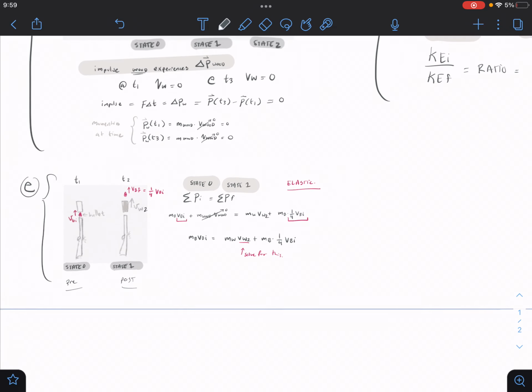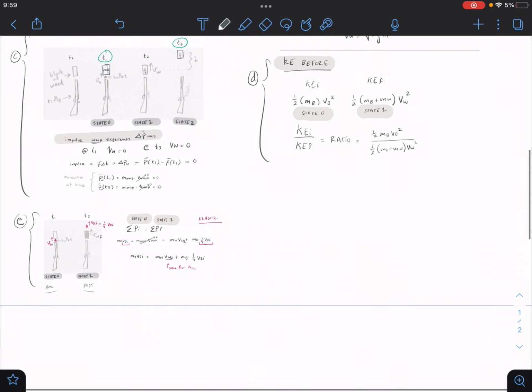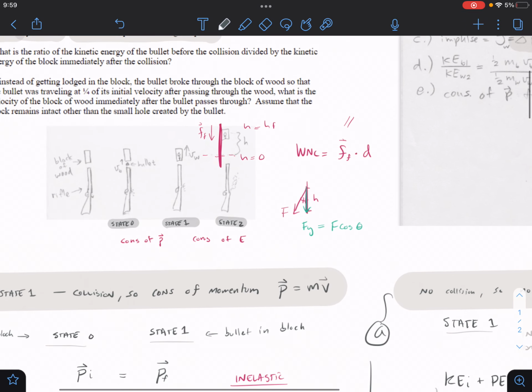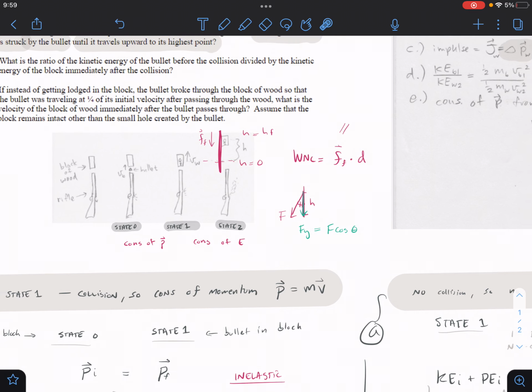So, okay, just to recap what we did. We called these separate states, and anytime we had a collision, we modeled momentum before and momentum after. And then anytime we had just some object moving with some velocity over a distance, we looked at this as conservation of energy.